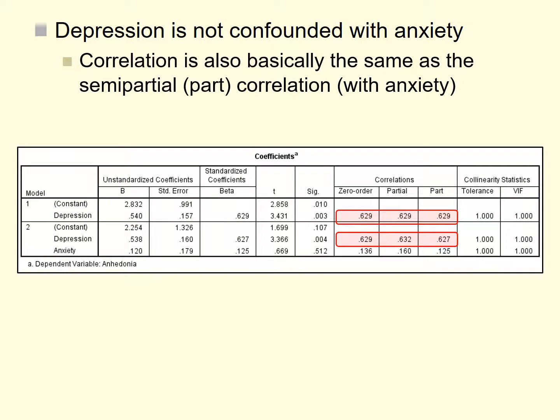It's also worth noting that the correlation is basically the same as the semipartial or part correlation with anxiety. So if we were considering the relationship between depression and anhedonia after the relationship with anxiety had been removed from anhedonia, we'd see that that part correlation or semipartial correlation is about the same as the zero-order correlation between depression and anhedonia.